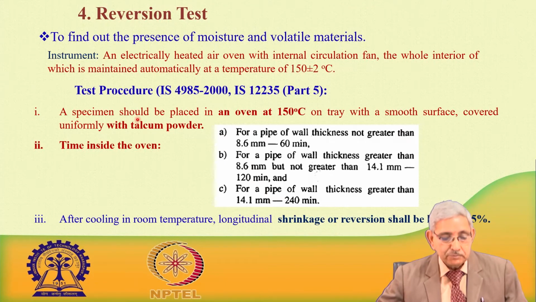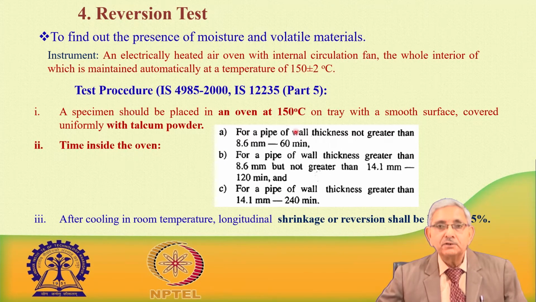Here the specimen is placed at 150 degree Celsius on a tray with a smooth surface, and this smooth surface is provided with talcum powder, and then it is found how much time it should take.